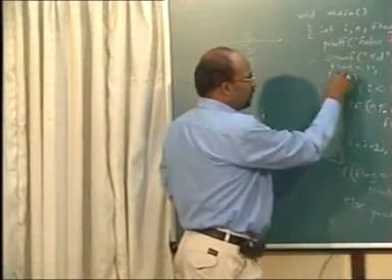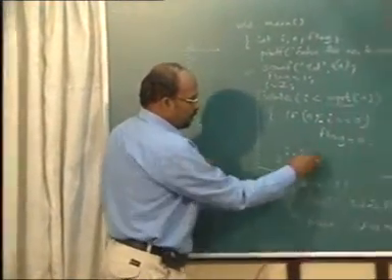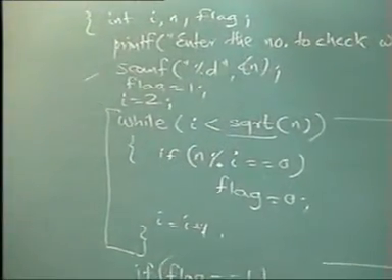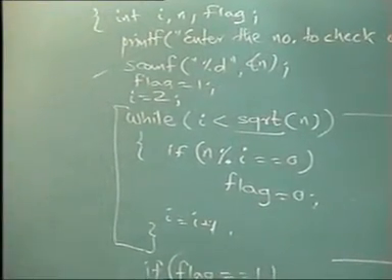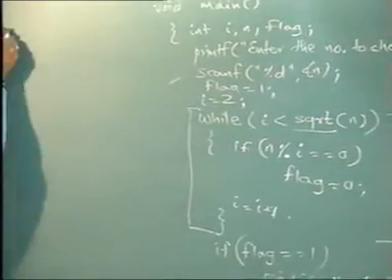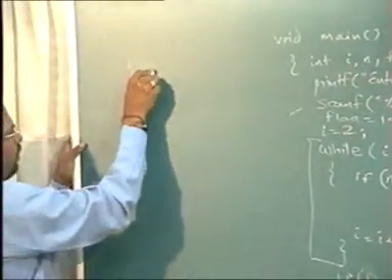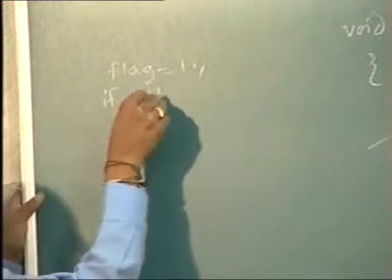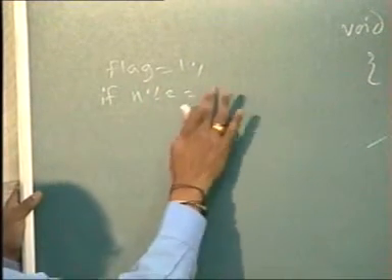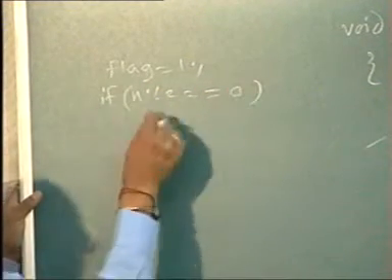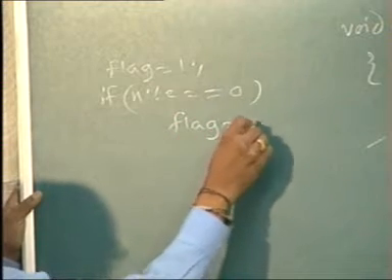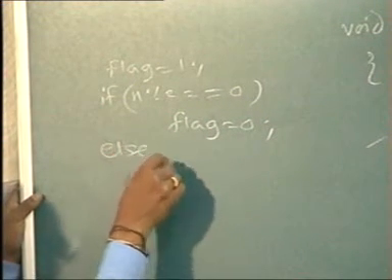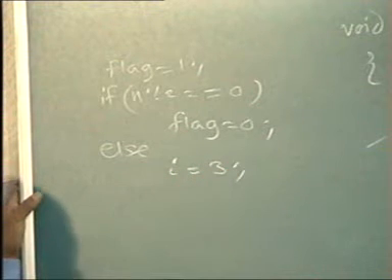I will keep the original one first, and it should be modified as follows. If we are using flag is equal to 1, if n % 2 is equal to 0, flag is equal to 0, else i equal to 3.